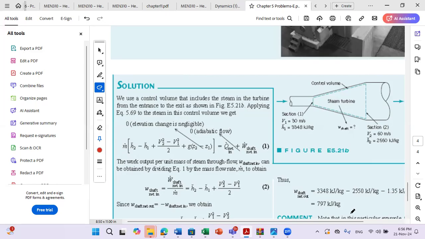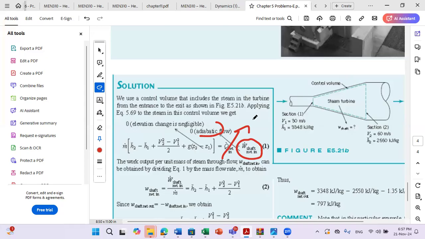So here, since I said that you have an adiabatic turbine, Q dot will cancel out, and your purpose here is to determine the work that can be extracted by your turbine from the fluid. So your equation will just be: work extracted at turbine level is equal to the difference in energy between outlet and inlet sections.